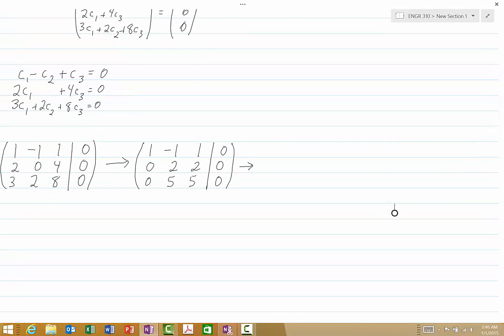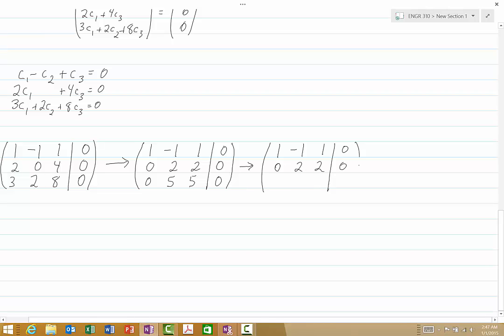So we have 1, -1, 1, and 0, and 0, 2, 2, 0. And then when we multiply the second row by -5/2 and add it to the third row, -5/2 of 0 is 0, plus 0 gives 0. -5/2 of 2 is -5, and 5 gives 0.